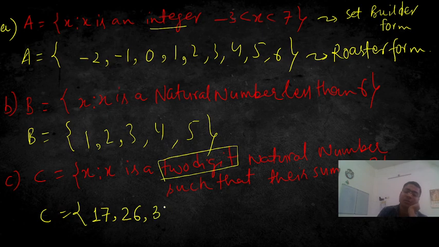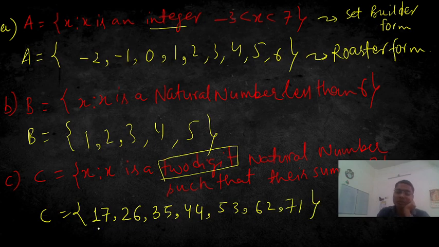Then similarly 35, 44, 53, 62 and 71. So this is the combination. You cannot write 80 here because 0 is not a natural number. Okay, so keep that in mind. You can just simply give your answers.